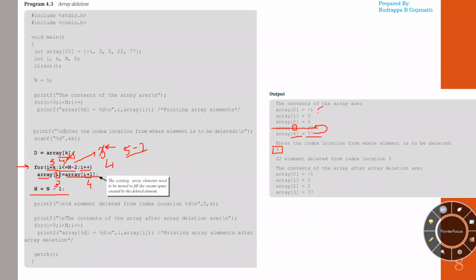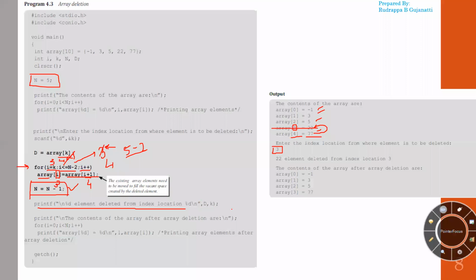So therefore you have reduced an element, so you decrement the value of n. So this will give an indication that there are 4 elements present in this case. So therefore, what you have done is, you have deleted the element which is having the value of D and which is present at the index location K.